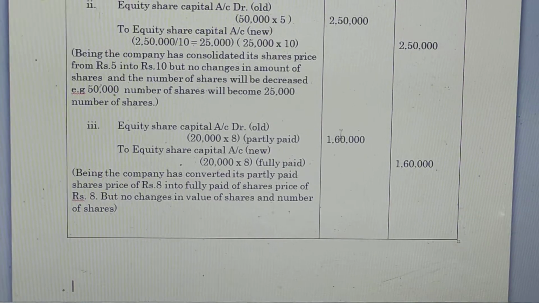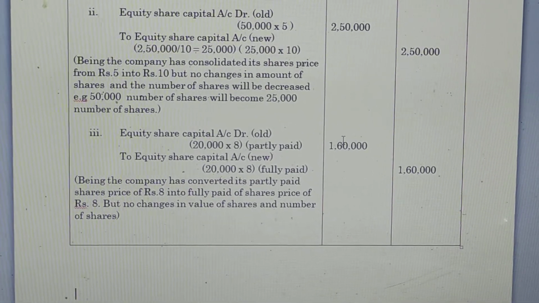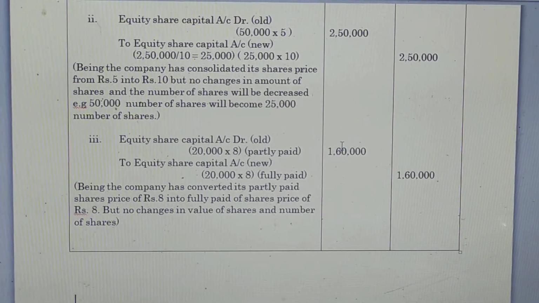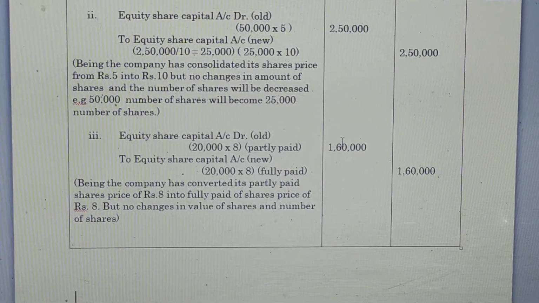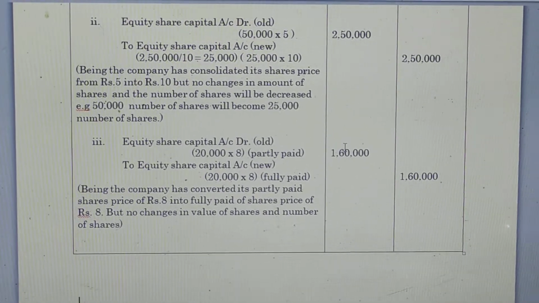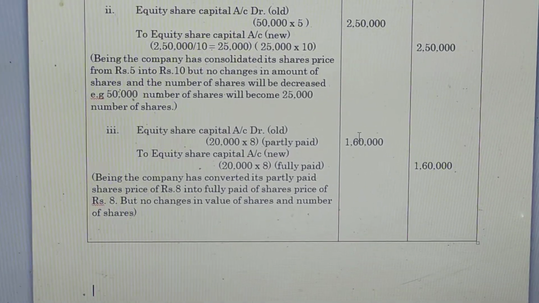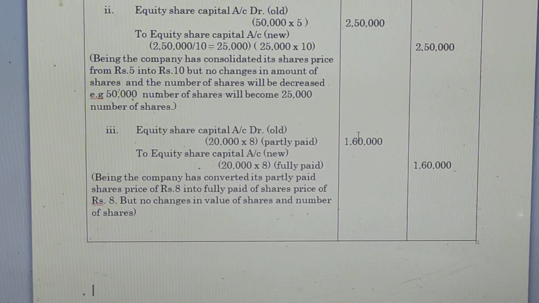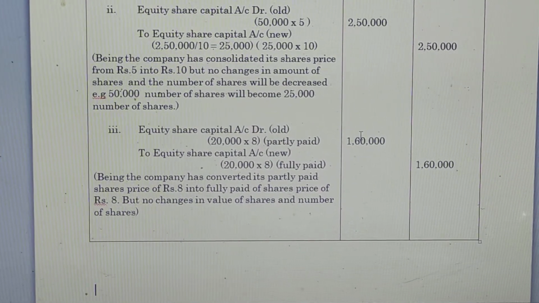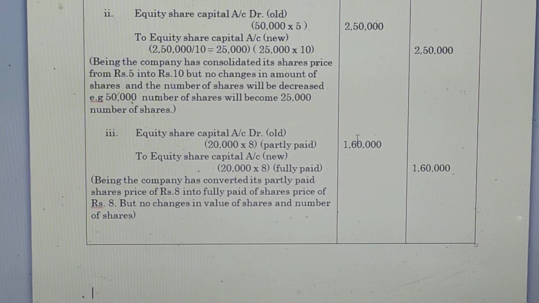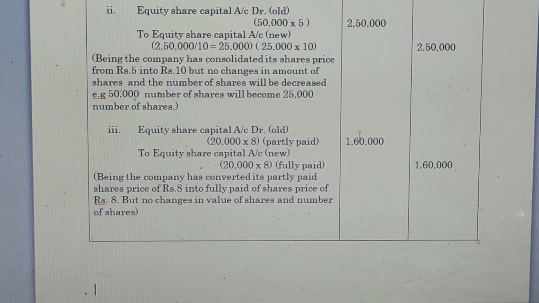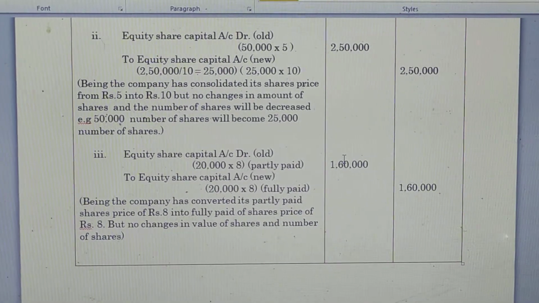So in this concept, no changes in the number of shares, value of shares and the price of the shares, but the name only will be changed to fully paid instead of partly paid. The narration: being the company has converted its partly paid shares of rupees 8 into fully paid shares of rupees 8, but no changes in value of shares, number of shares, as well as the price of the shares. That's all.